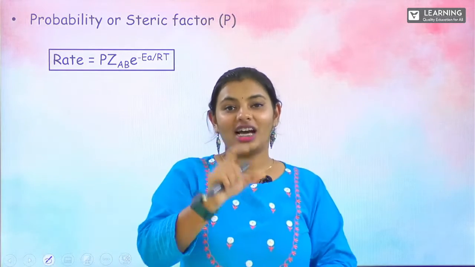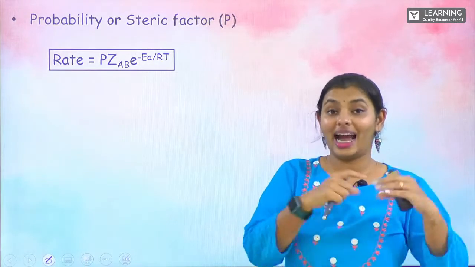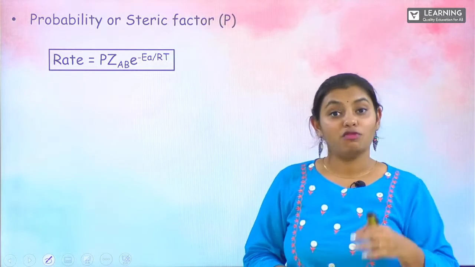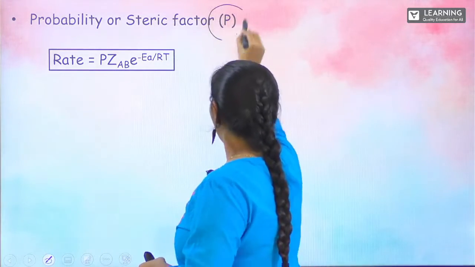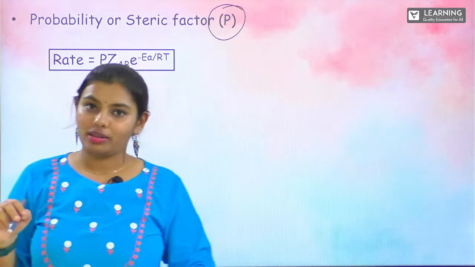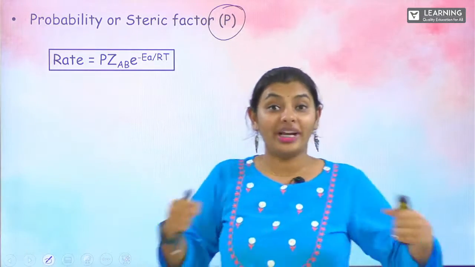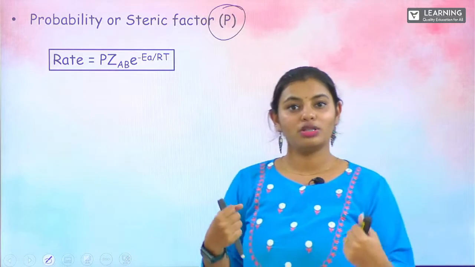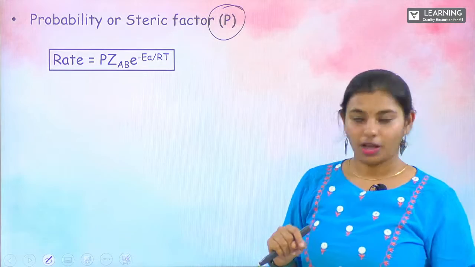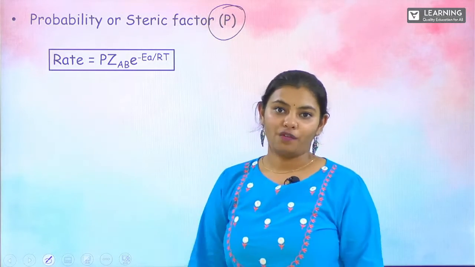So the factor which accounts for the orientation of the reactant molecules is the probability or steric factor, which is denoted by the letter P. This is a factor which accounts for the proper orientations. If properly oriented molecules are colliding with each other, this factor determines it, and that's how it is included in the rate of the reaction.